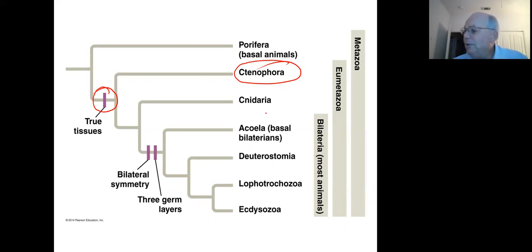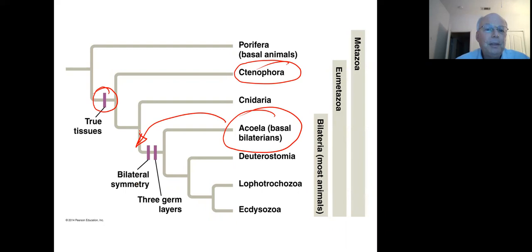The other issue is with these guys, the acoel worms, that are considered to be basal to the bilateria clade. Are they in fact bilateria, or are they basal to the bilateria, and actually lie more basal and represent a sister clade to the bilateria rather than being bilateria themselves?